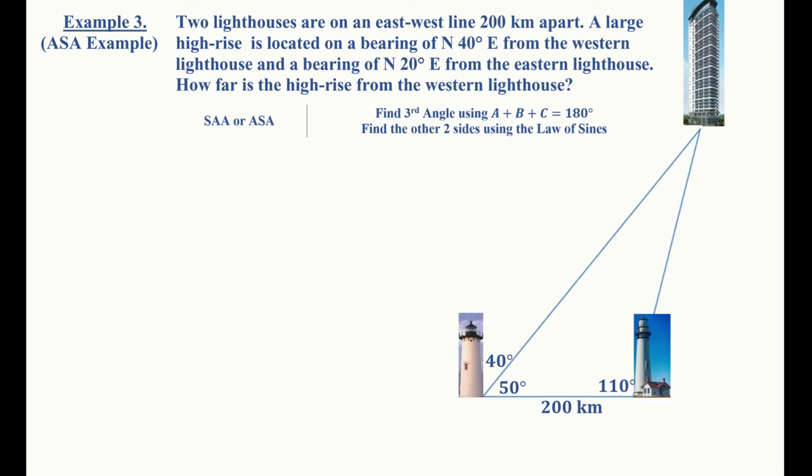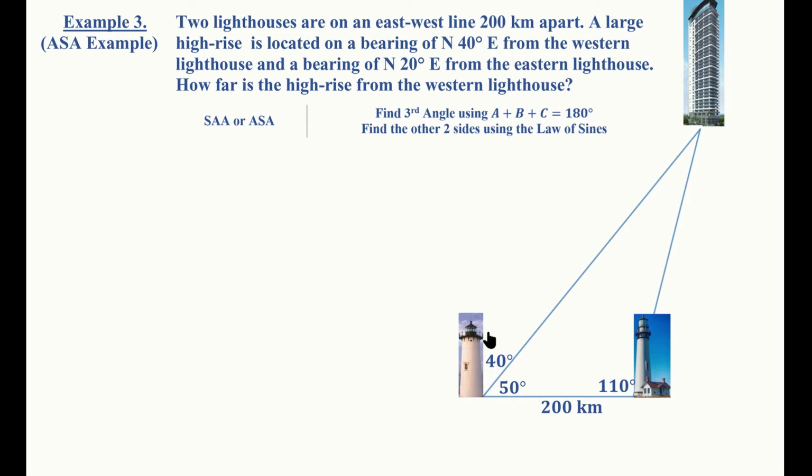All right, so here we have another application. This one is also an SSA example. And we basically have two lighthouses that are on an east-west line, and they're 200 kilometers apart. And we know that there's a large high-rise located basically at 40 degrees north, 40 degrees east.